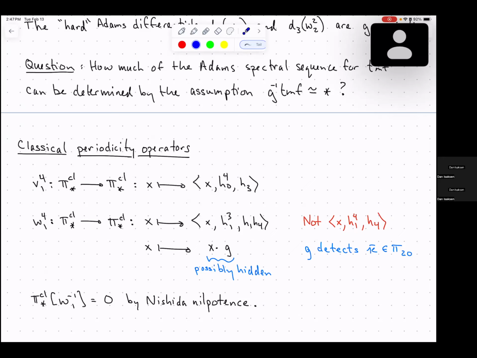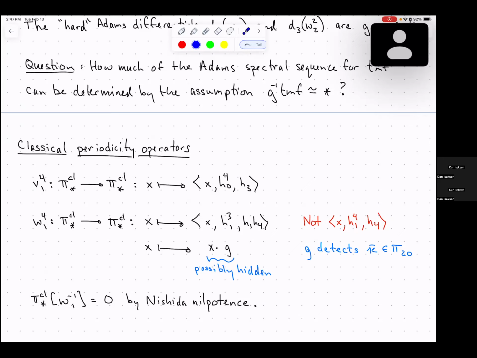But I didn't write that because H4 doesn't survive, so that doesn't make sense in homotopy. But I could put one of the H1s over there, and now H1 to H4 does survive, and so that does make sense. You can define that total bracket, and that's an operator in homotopy.